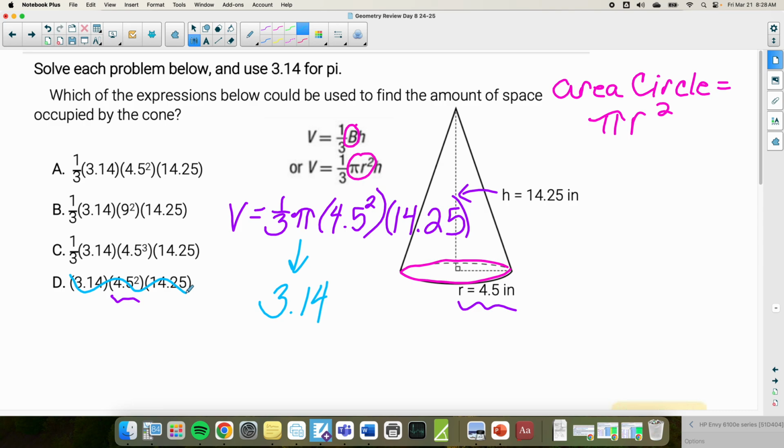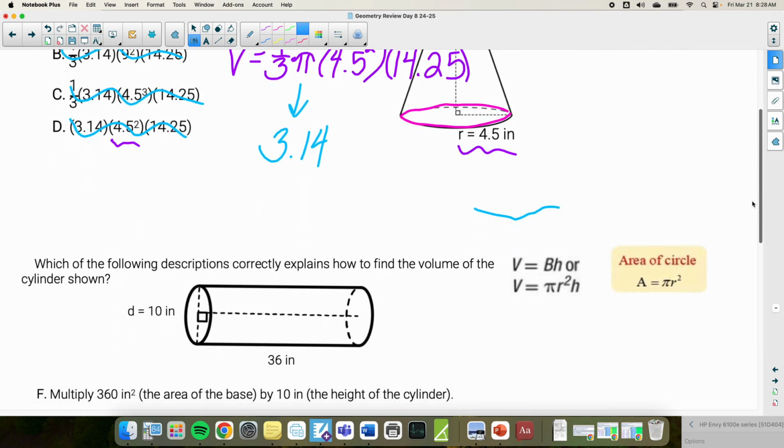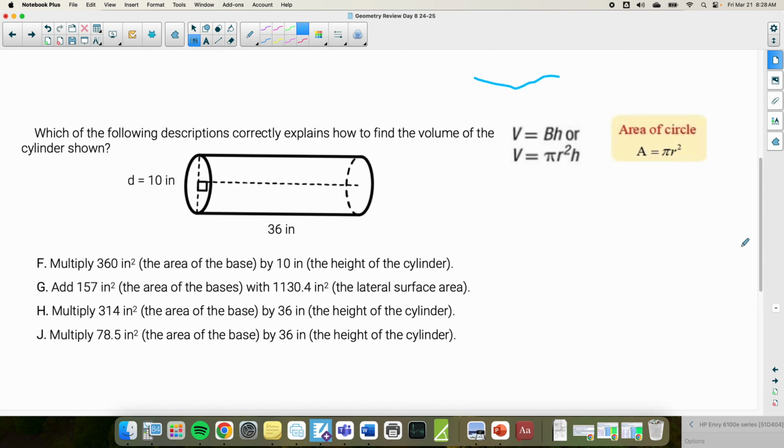This is 4.5 cubed, so it's not that. This one took the radius and multiplied it by 2 and got the diameter, and we don't want that. So it's gonna be this one right here, okay? So like I said, sometimes you just put in stuff, but they will not give you the formula, okay?